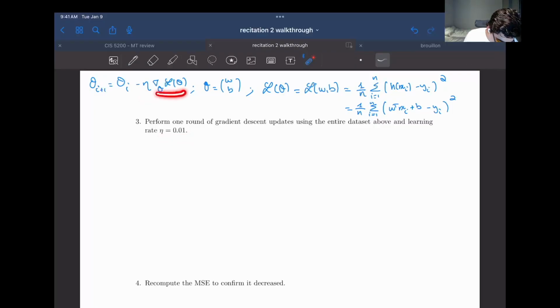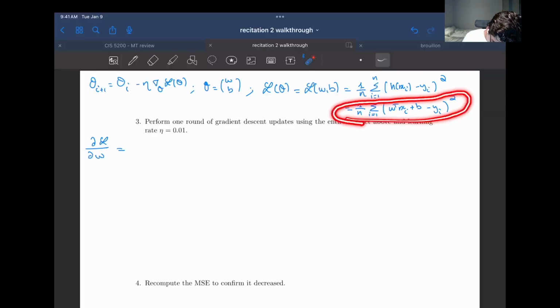So now we want to find the gradient of the loss. Let's differentiate the loss with respect to each parameter. Let's start with W. Partial L partial W is equal to, so what do we do here? This is what we have to differentiate. We're going to use the chain rule. We take this exponent, put it here, and 2 minus 1 is 1, so the exponent is going to be 1, times f.